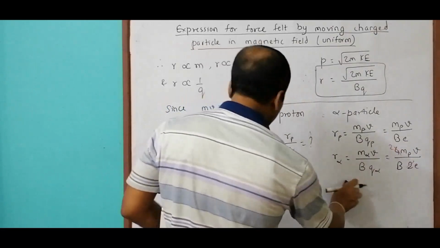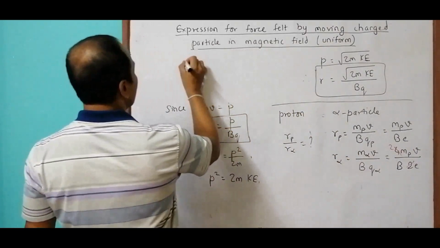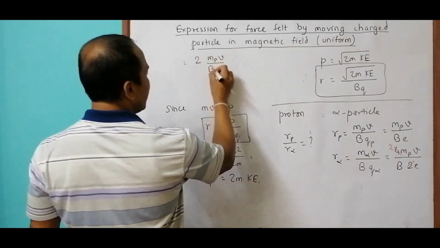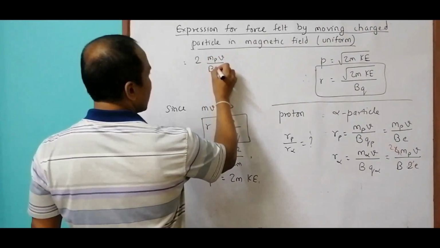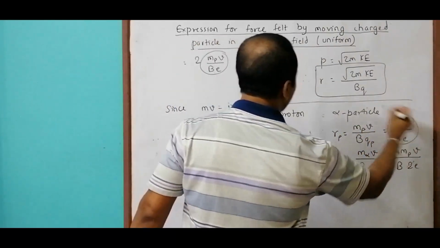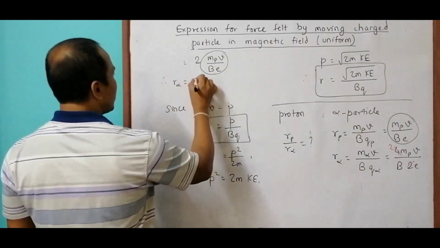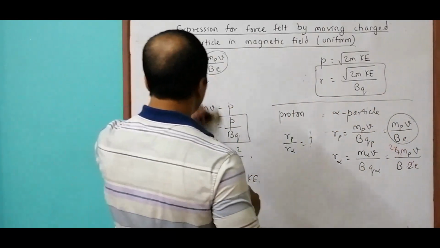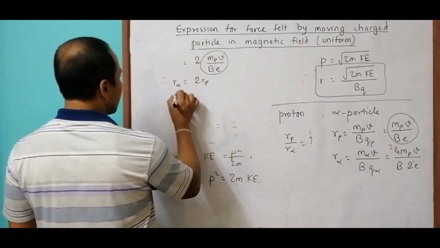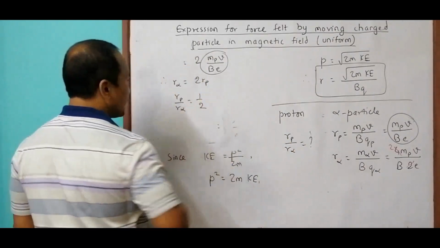So this gives us equal to 2 mp into v by B into e. This thing is equal to the radius of proton. Therefore r alpha is equal to twice of rp, which means the ratio rp by r alpha will be equal to 1 by 2.